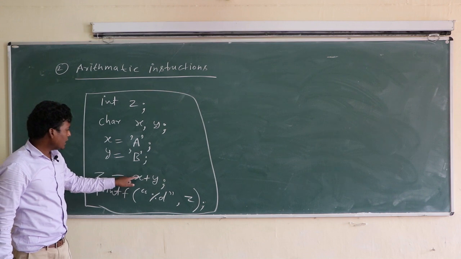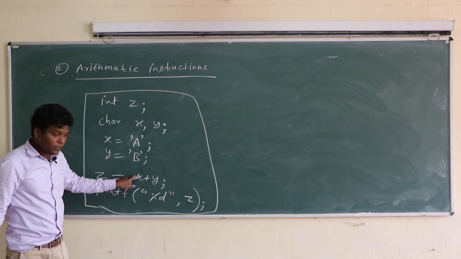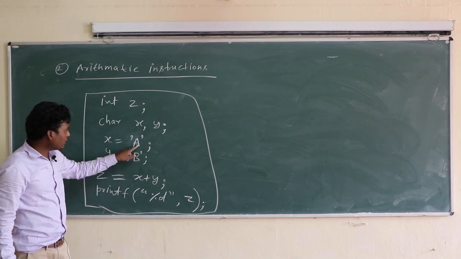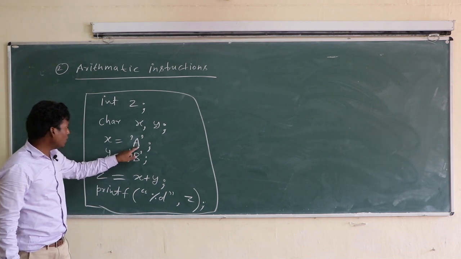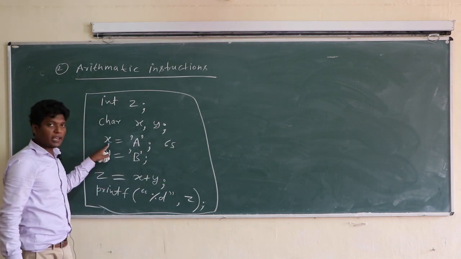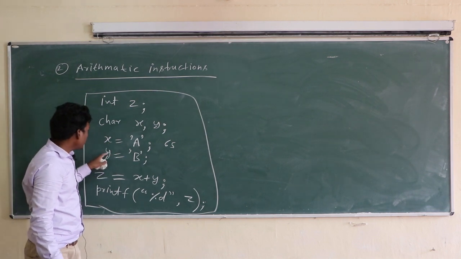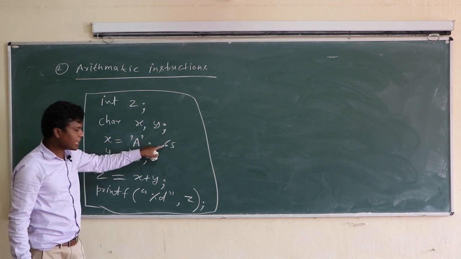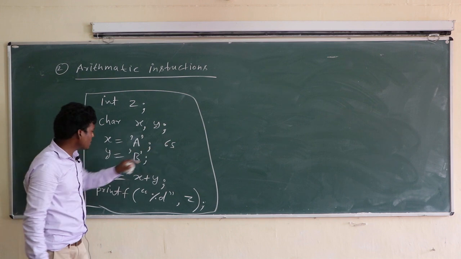So class, here x has value a, this is the character constant, and its ASCII value is assigned to x, that is 65. 65 is assigned to x because x can hold the binary equivalent of this ASCII value.